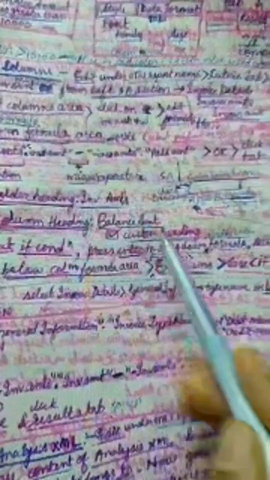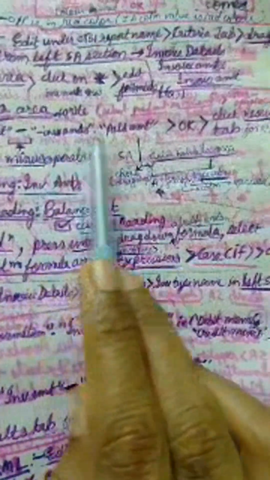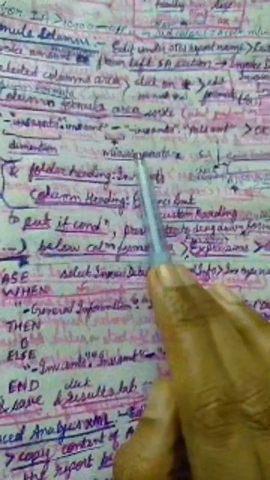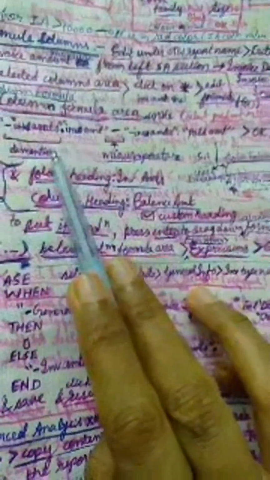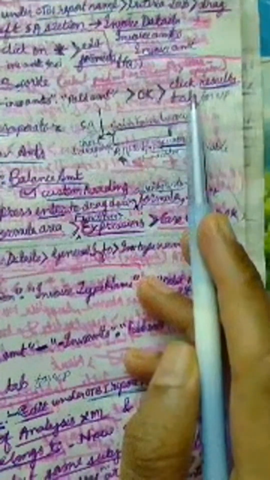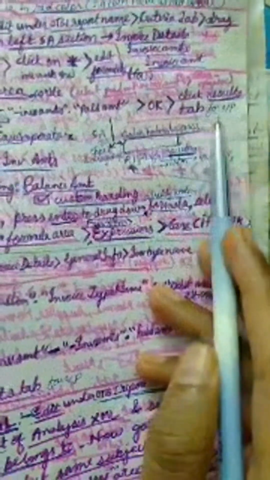Then we select the operator from the operators given here, or we can directly write it. Then again in double quotes we have invoice amounts dot paid amount. So this is a formula and this is the minus operator. Once we click on OK, we click on the results tab for the output.